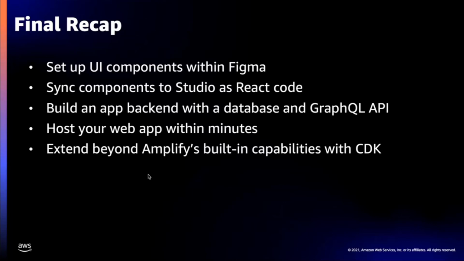And then we just hosted our web app within minutes, right, with just a single command. And we can even build out an entire CI/CD flow as well if we had integrated Git with our hosting solution. Then last but not least, we've also looked at how we can extend beyond Amplify's built-in capabilities with CDK so that you can really go to any sort of scale that you need to.